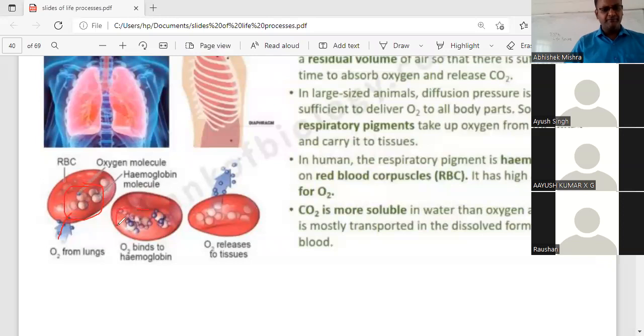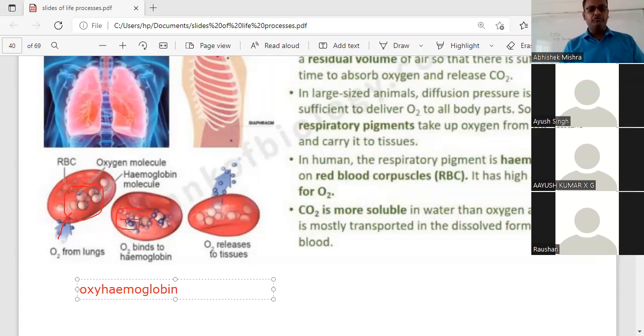You can see over here, the blue color indicates the O2 molecules, and these circular structures indicate the hemoglobin. In the form of oxyhemoglobin, the oxygen is carried into the tissue.